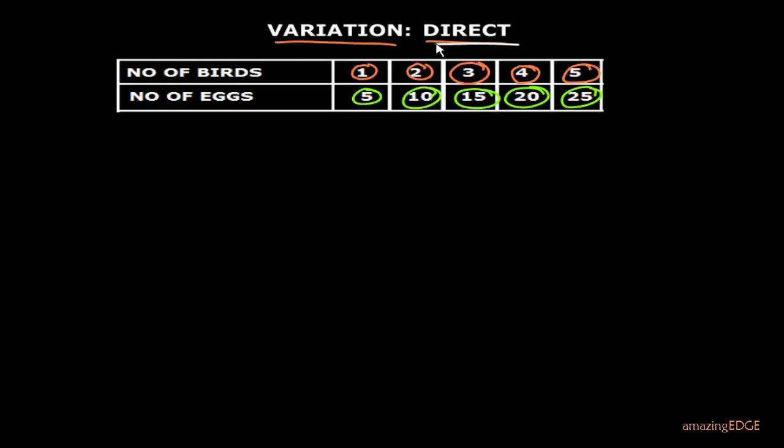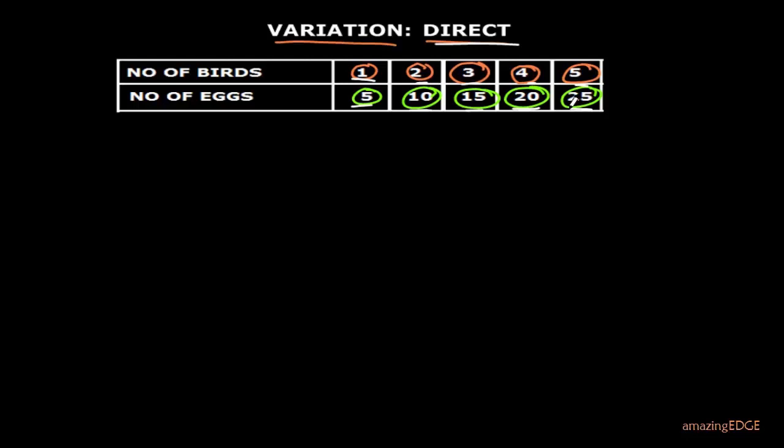You started from one bird to 2 birds to 3 birds, to 4 birds to 5 birds. So the number of birds is varying, and the variation is an increment. As your birds increase, the number of eggs being laid is also increasing. So this one is direct, and we call it a direct variation.